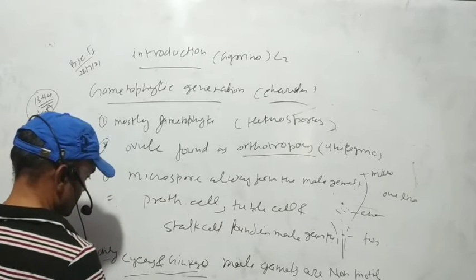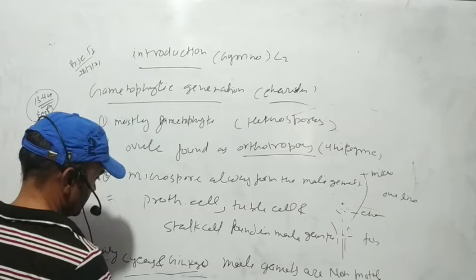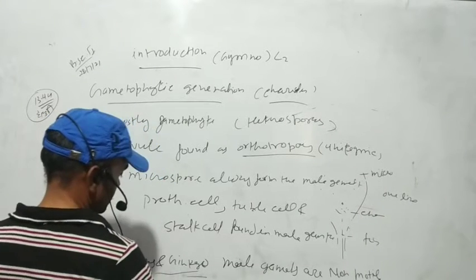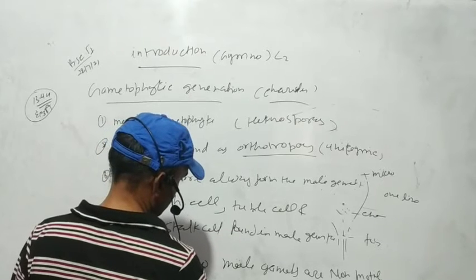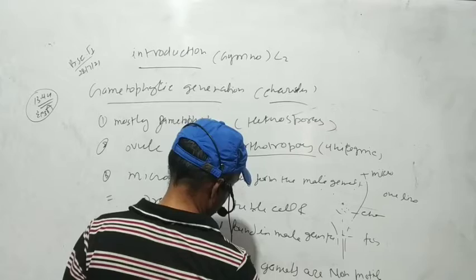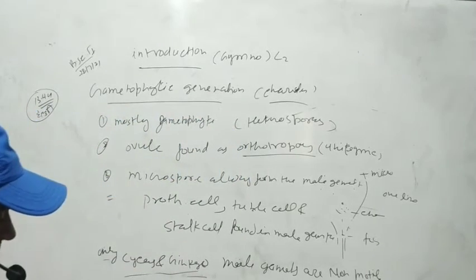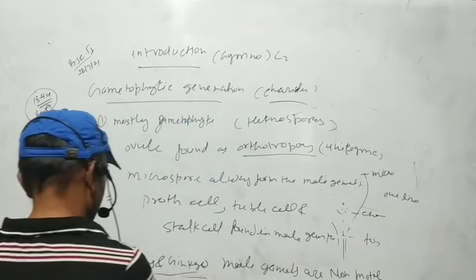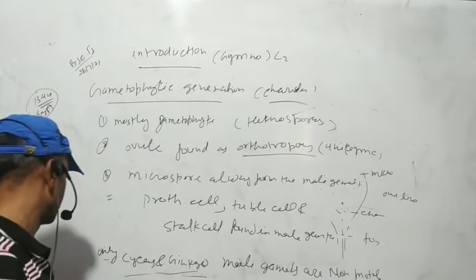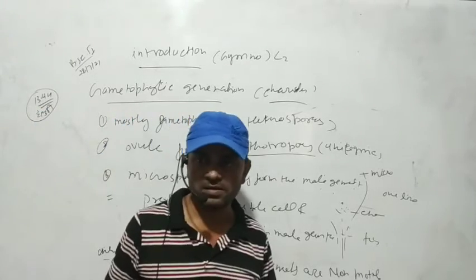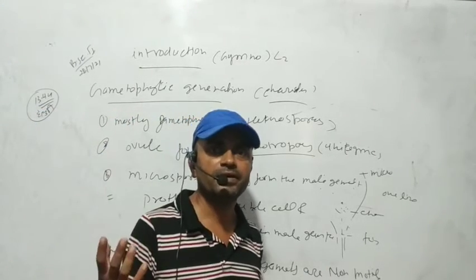Pollination in gymnosperms is always anemophilous, that is, by air.